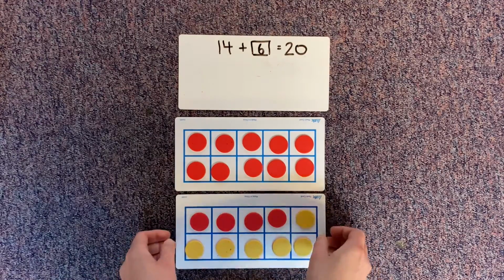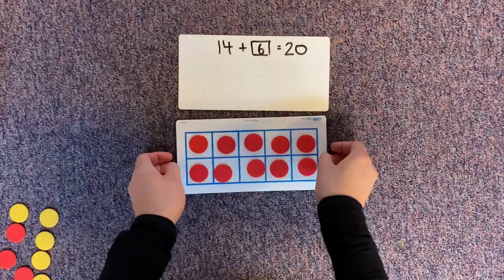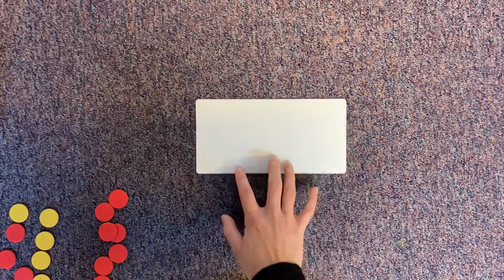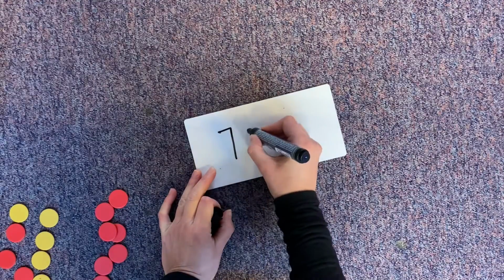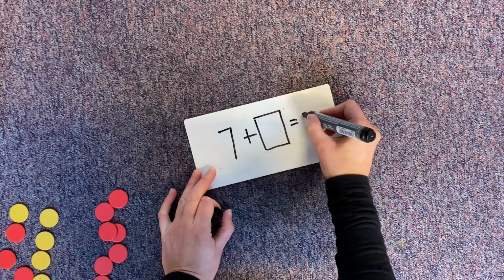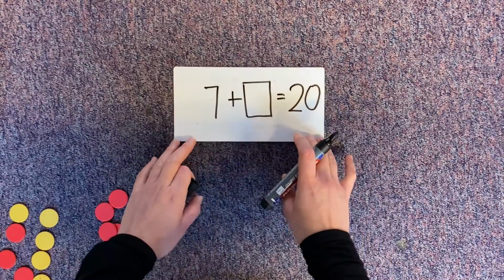I'm going to clear the boards. I'm going to give you a question. What I want you to do is try to use your 10 frames that you've made and your counting things to try to solve the question. So we've got 7 plus something equals 20.